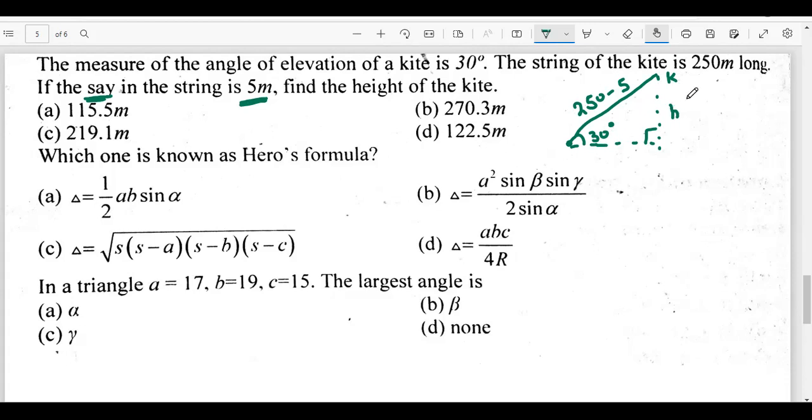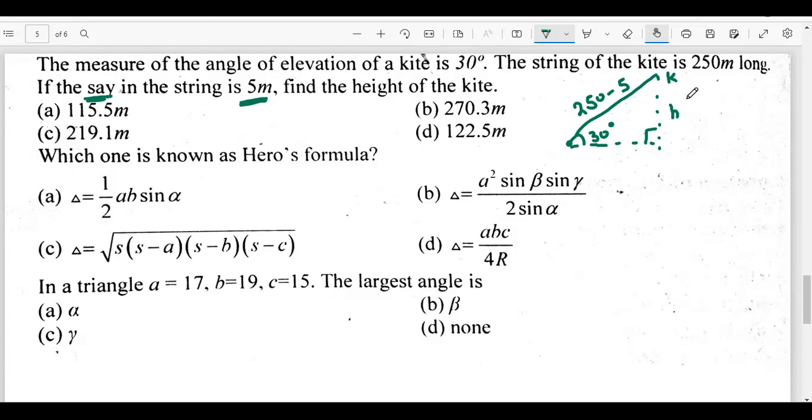If the sag in the string is 5 meters, this means that these 5 meters are extra and they are not being used at the moment. So the original length of the string that is being used would be 250 minus 5. That would be 245. And you need to find the height.